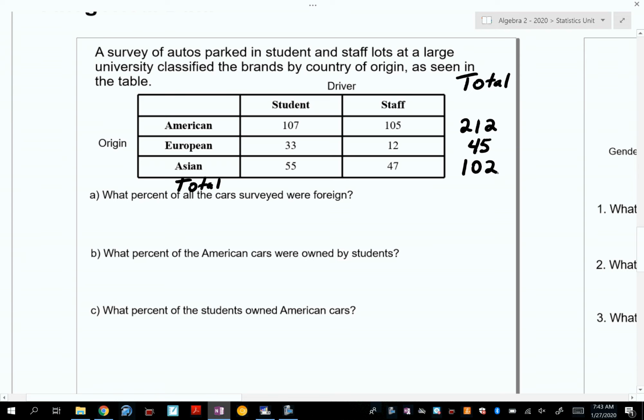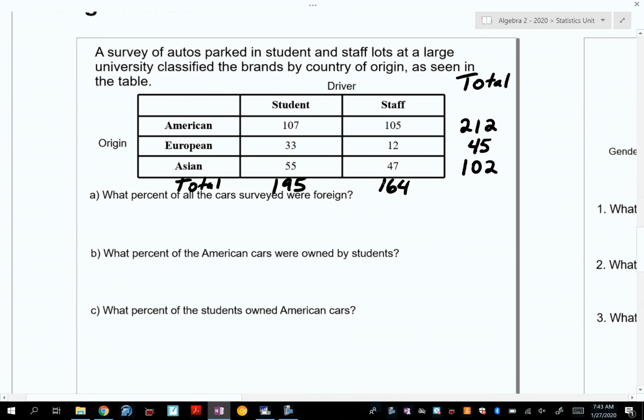Now let's go to the other variable, the driver classification. How many total student drivers are there? 195. And then finally, how many total staff or employees of the university? How many total drivers there?